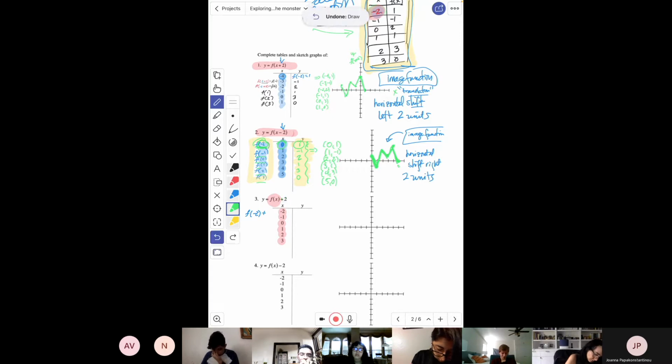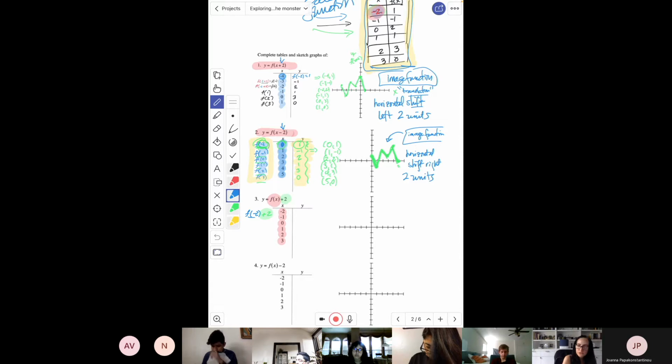I don't like that. Let's do it highlighted instead. So can you understand the notation here? It's saying the output of this function is f of x, so find that output and then add 2 to it. So what is f of -2 in our original parent function?